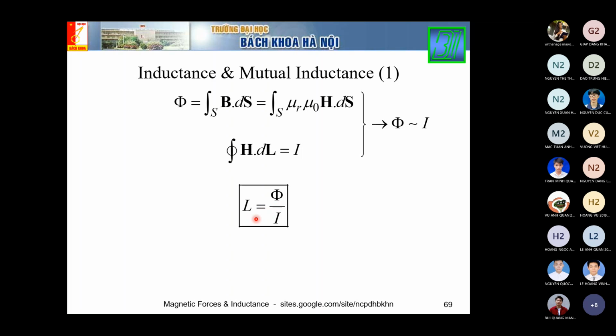According to this, the inductance is the ratio of the magnetic flux to the current. If the coil has only one turn, then here it is. If the coil has N turns, then we have to multiply the flux by N, and then we have this definition.